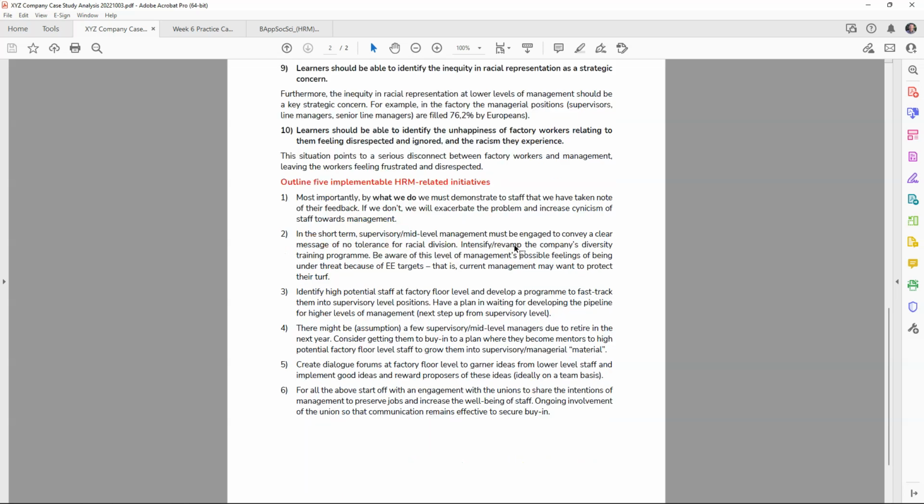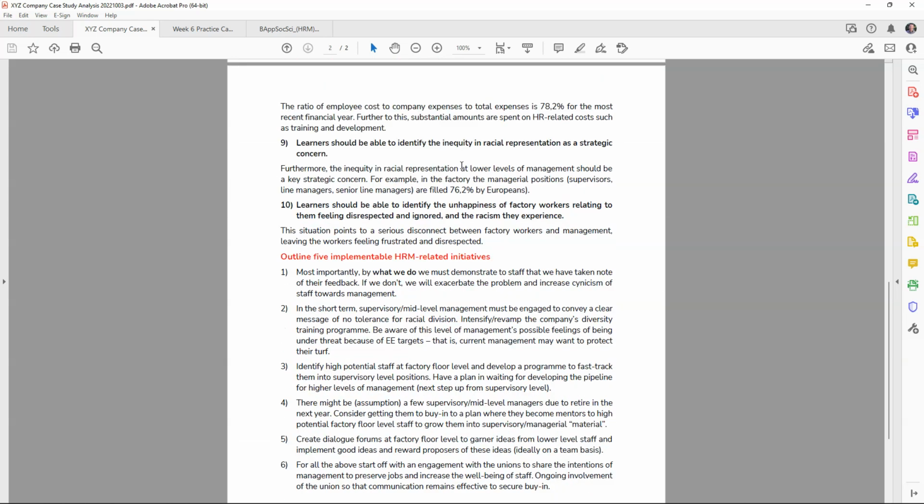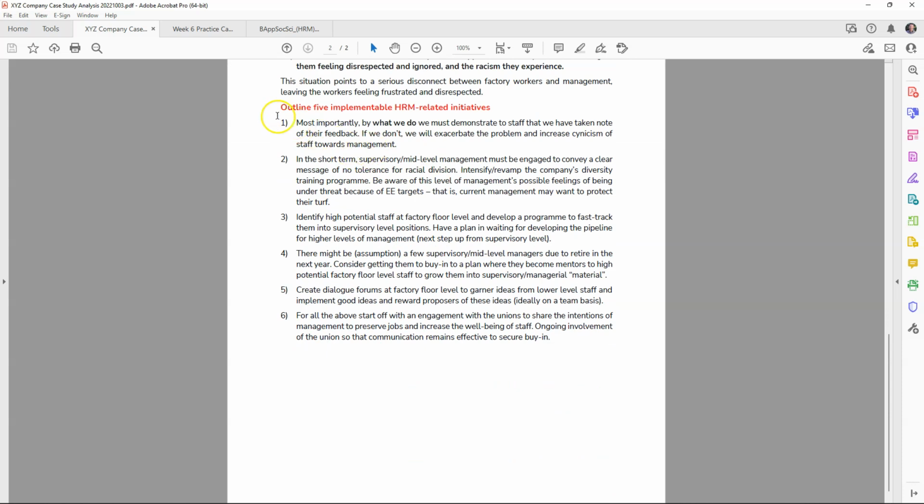Okay, and then based on all that analysis that you've done, and which you will do in your question as well, outline 5 implementable HRM-related initiatives. So these are, again, just my thoughts, okay? I'm not saying you should have these as your 5 actions. I've got 6 here.